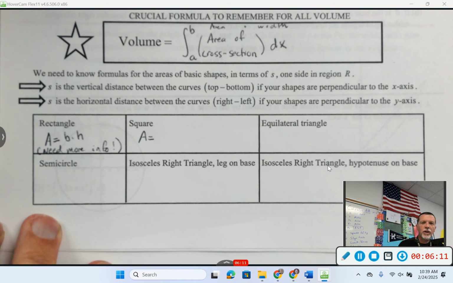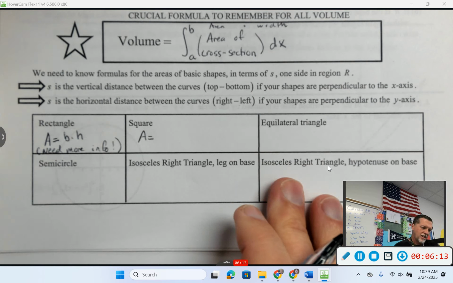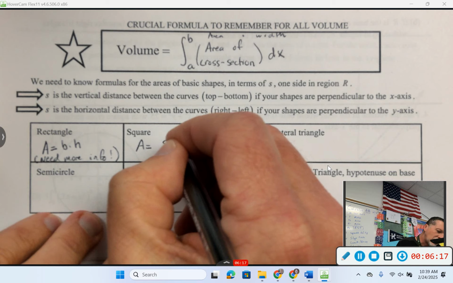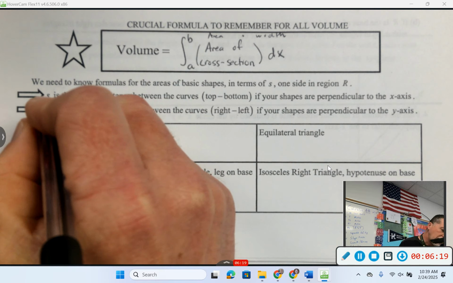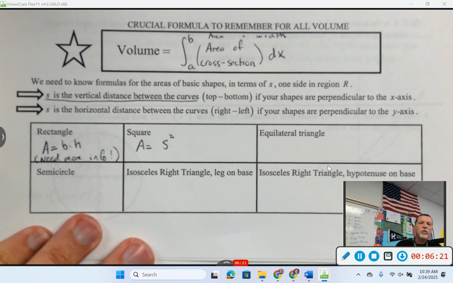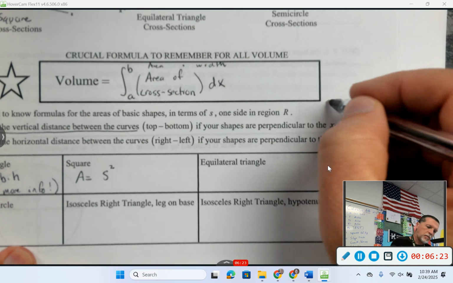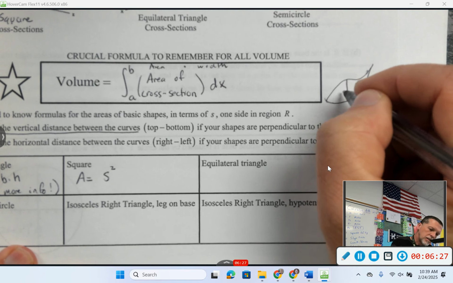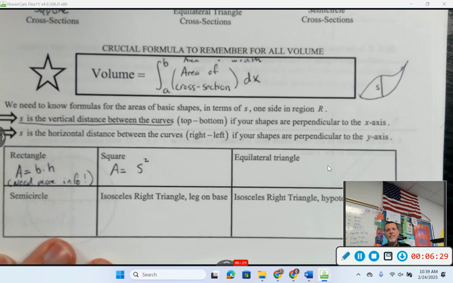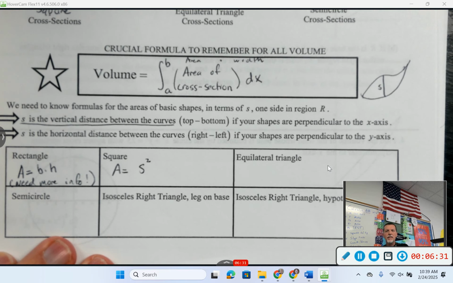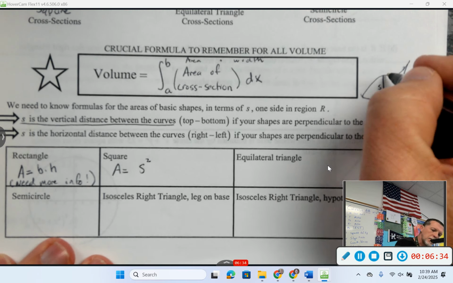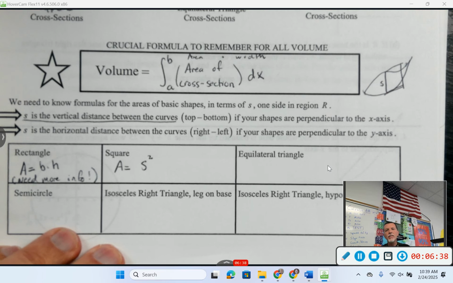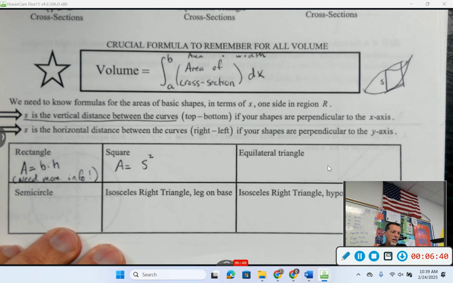What's the area of a square? I'm going to say s squared because usually s is going to be the distance between the two curves. So that distance is s, because we could be building a square out of that. So s squared would be that area.